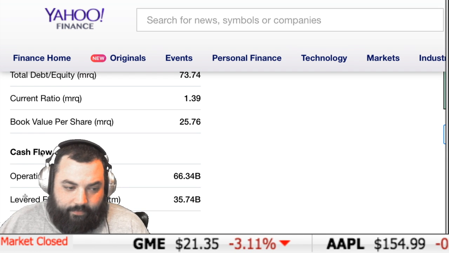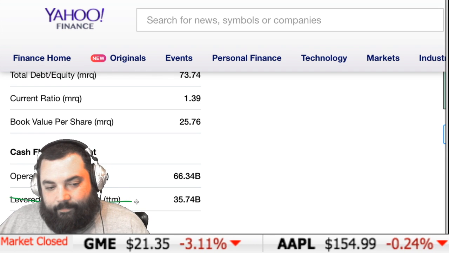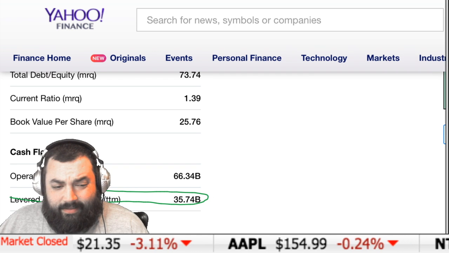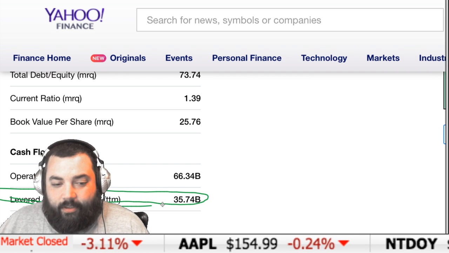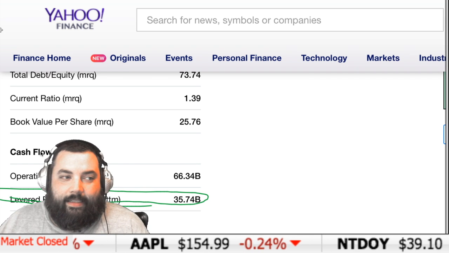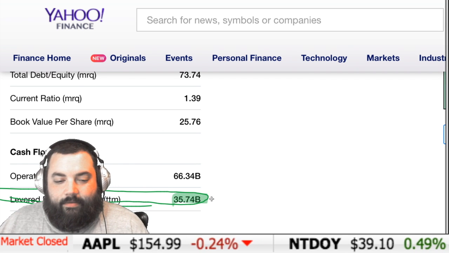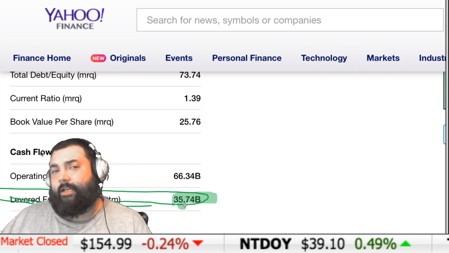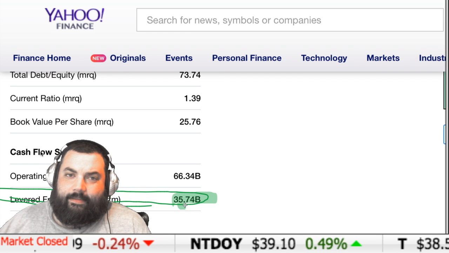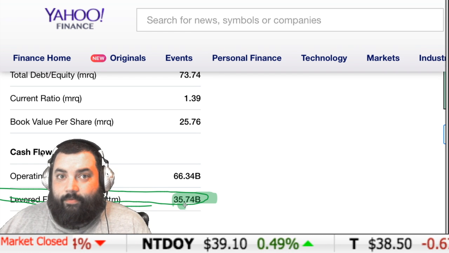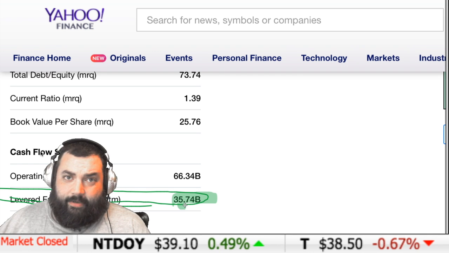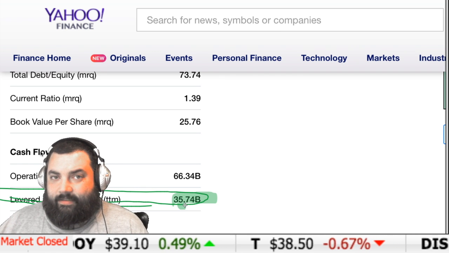Free cash flow is the one you're probably going to hear talked about more. This is the money that they got kicking around, again, after their financial obligations. And this is the money that can be used then for stock buybacks, paying out dividends, things like that.